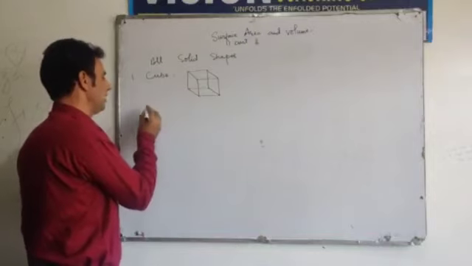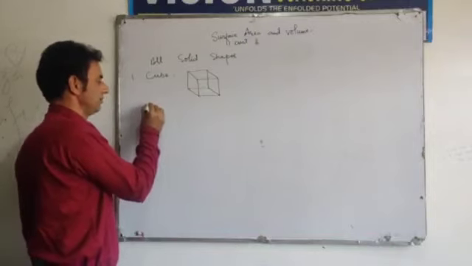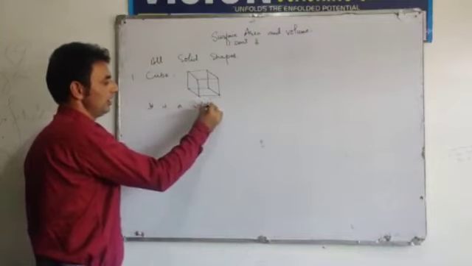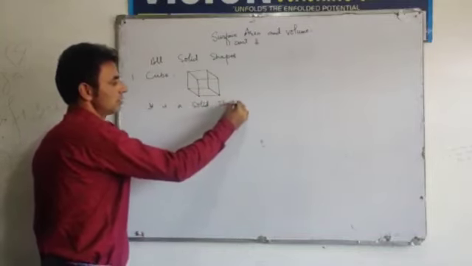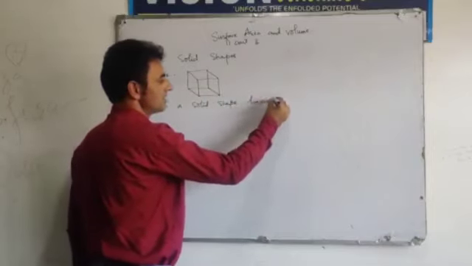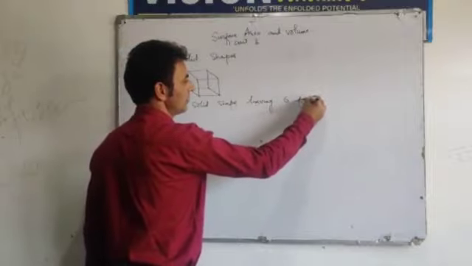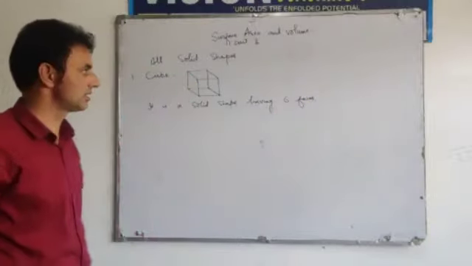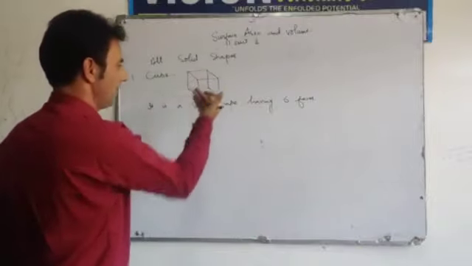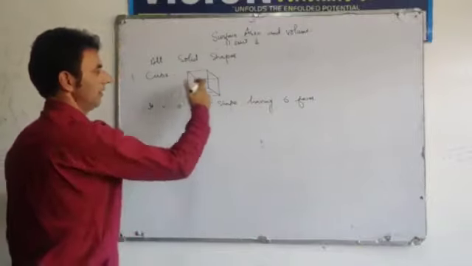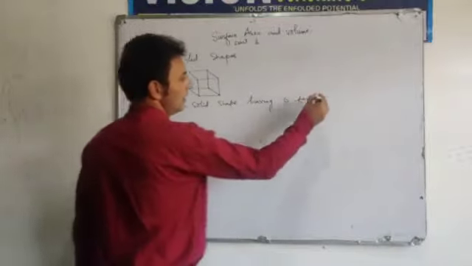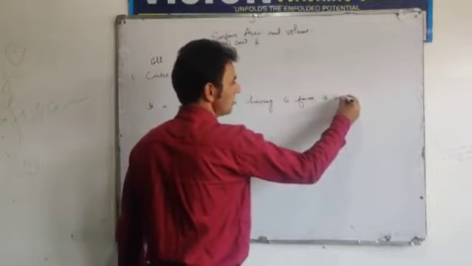Then I will write it as a definition. It is a solid shape having 6 faces. You can see the 6 faces: top face, bottom face, front, back, right and left. It has 8 vertices.